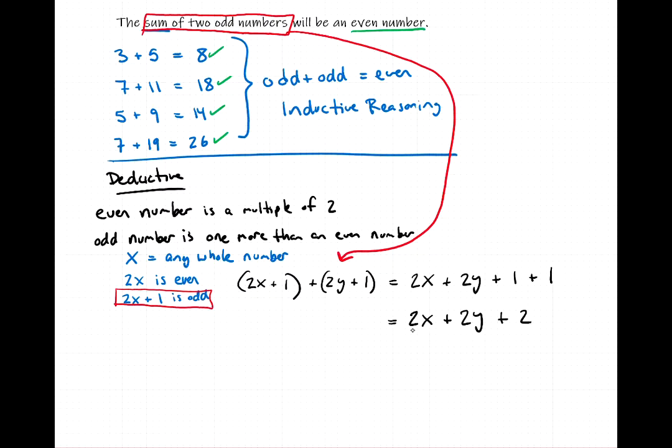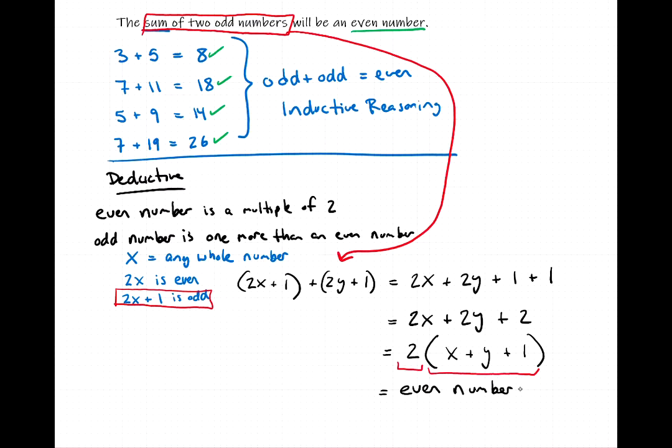Now each of these three terms has a 2 in it, so we can factor out that 2. That equals 2 times (x plus y plus 1). And since we have 2 times something, we know this has to be an even number.